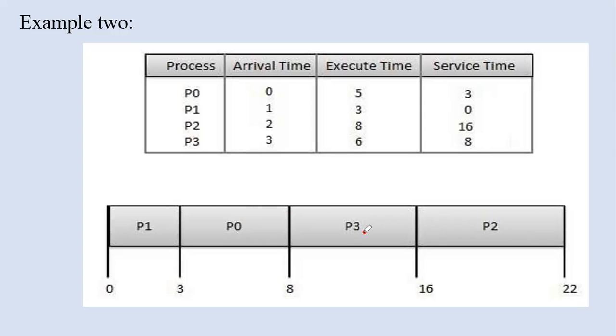Then it will be followed by P3, which has execution time of 6. And lastly, the one which will be processed last is P2, because it has a longer execution time of 8. And therefore, in this case, the order of execution will be P1, P0, P3, P2.